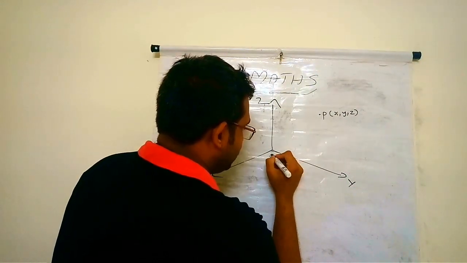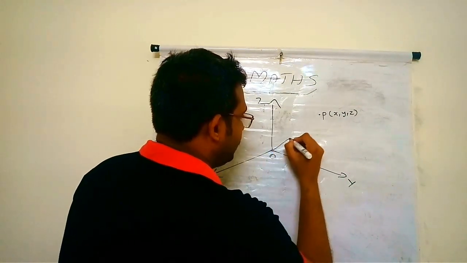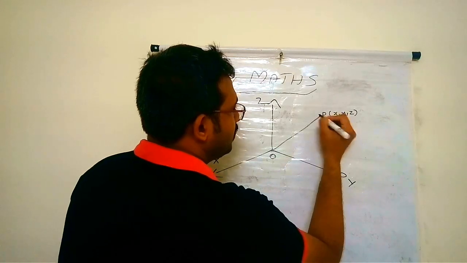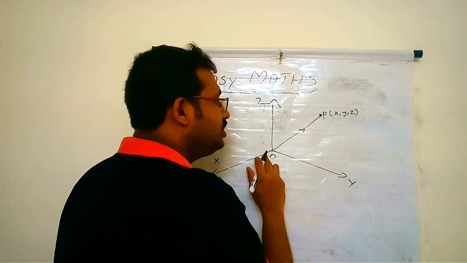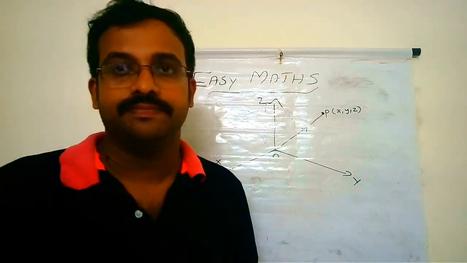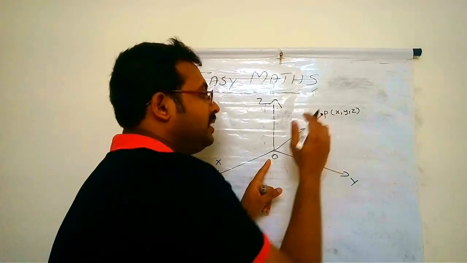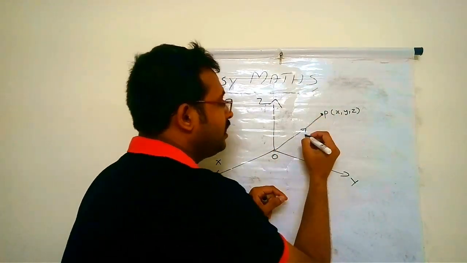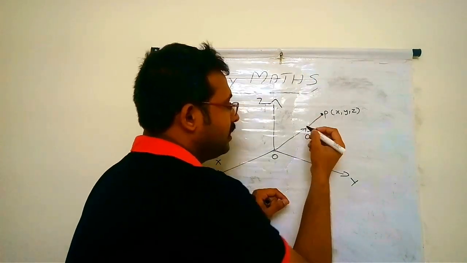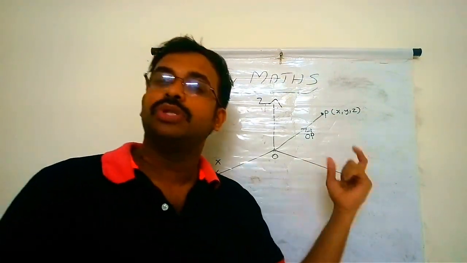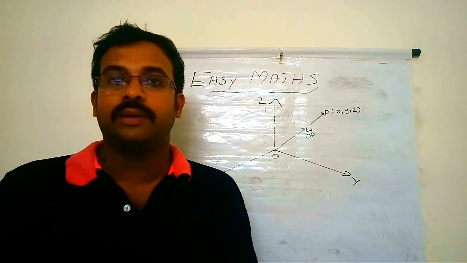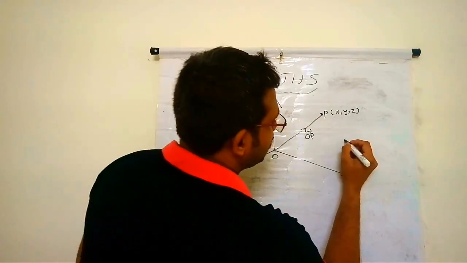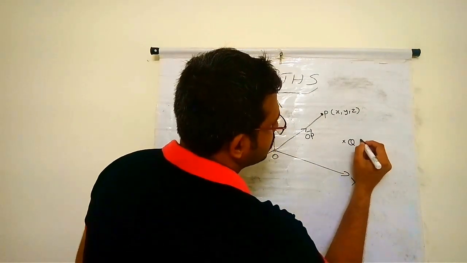Position vector is nothing but the vector joining the origin and the given point. So vector OP bar represents the position vector of the given point P. Suppose another point Q(x1, y1, z1) is given.